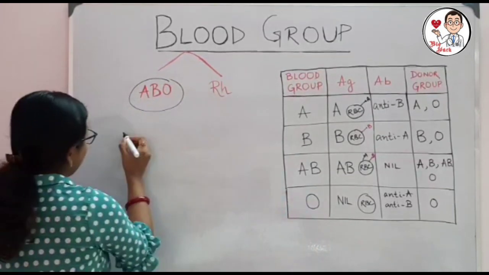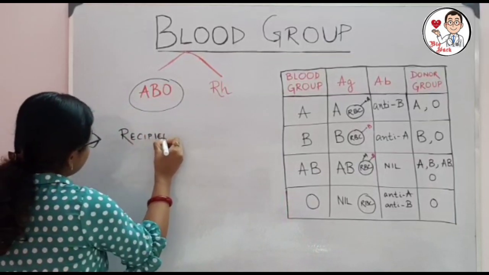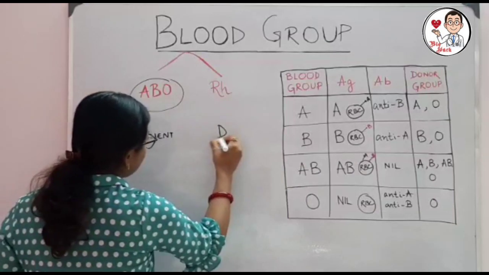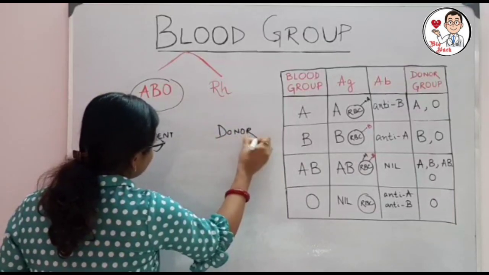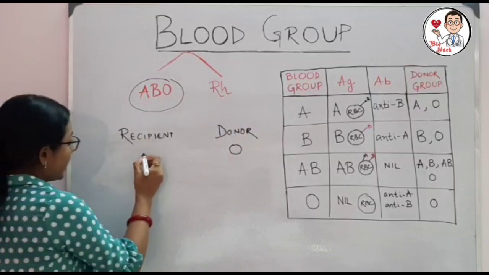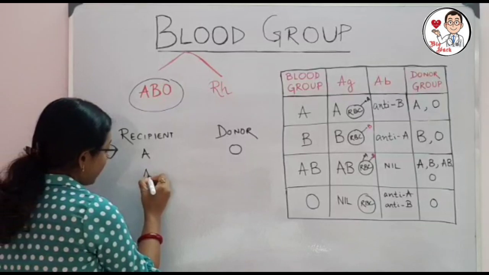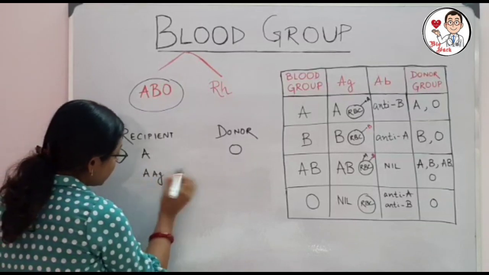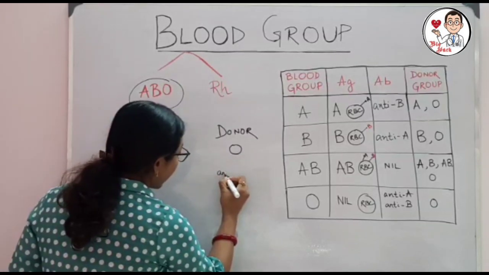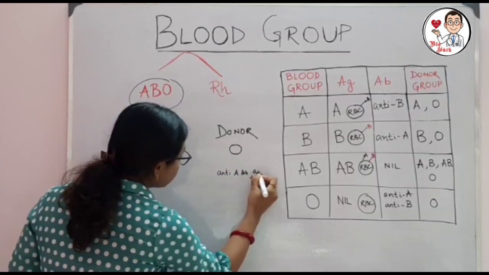Now, suppose there is a recipient and a donor. The donor is of course O and the recipient, let it be A. This A recipient have A antigen within it and O have anti-A and anti-B antibodies.